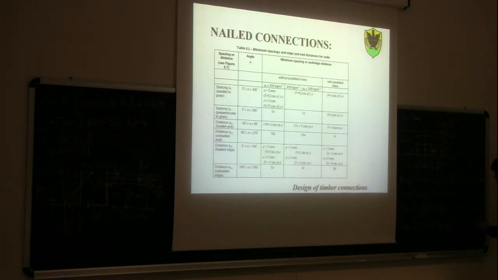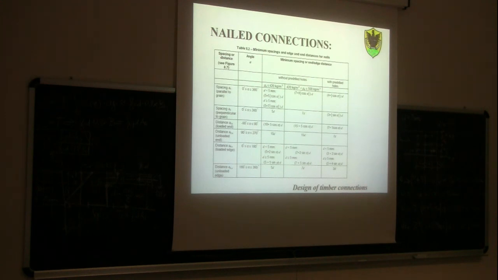Okay? So, as you can see, we are talking about spacing A1, 10 diameter, and A2, 5 diameter, and the end distance is 15 diameter, and 5 diameter. Now, when you're going to study steel design, you will find that for steel, those limits are much less. For a bolted connection, in terms of minimum spacing, we are talking about 3 times the diameter.